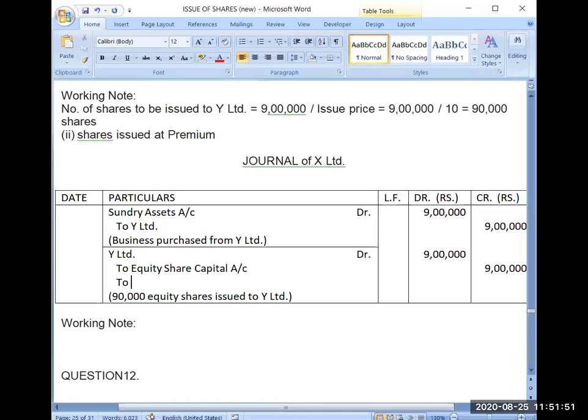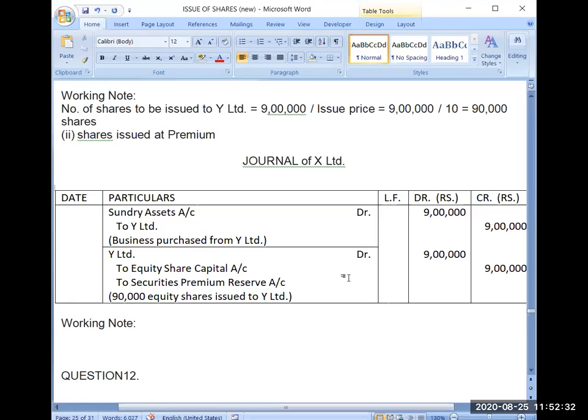So premium account will also come. So this will be the journal entry.